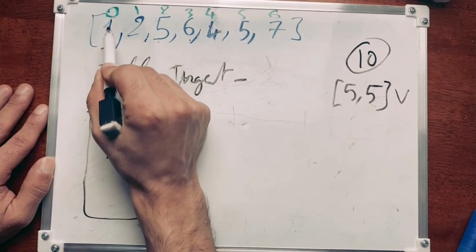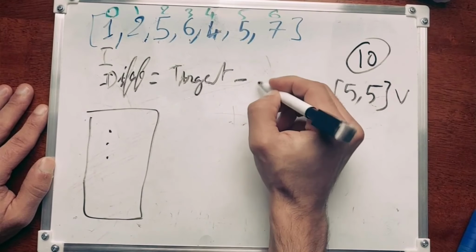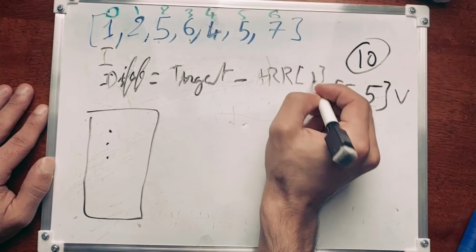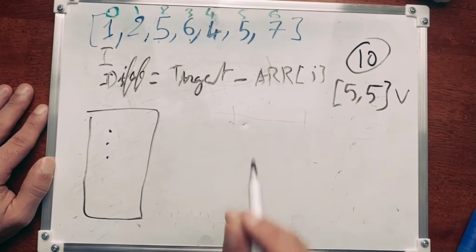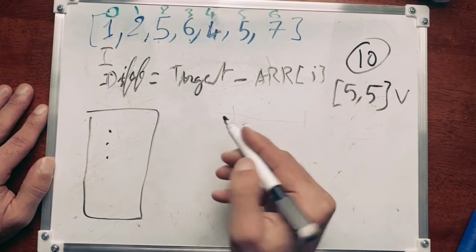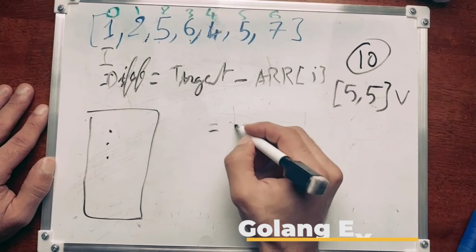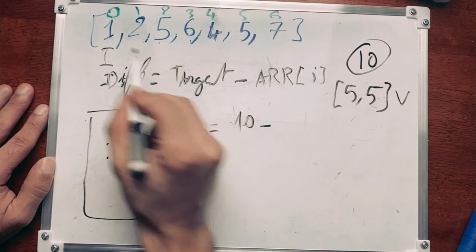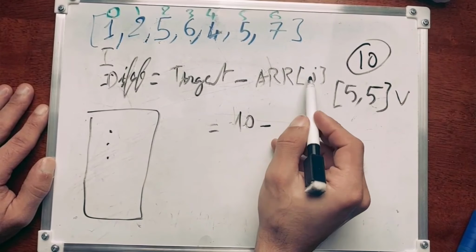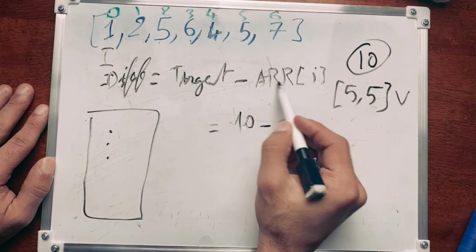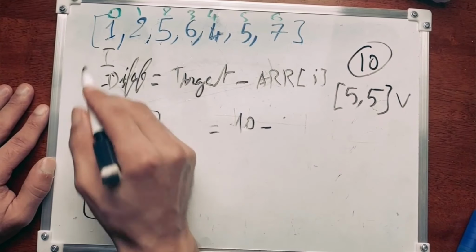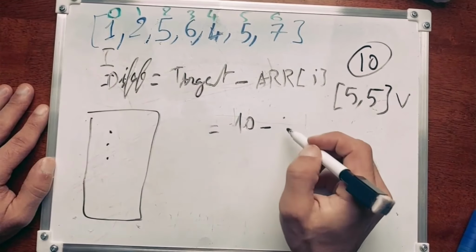So now the I is pointing to 1, right? I will write it this way: array at I. So for now, 10, the target we are looking for, minus the value here, which is the array at the index that we are iterating with.